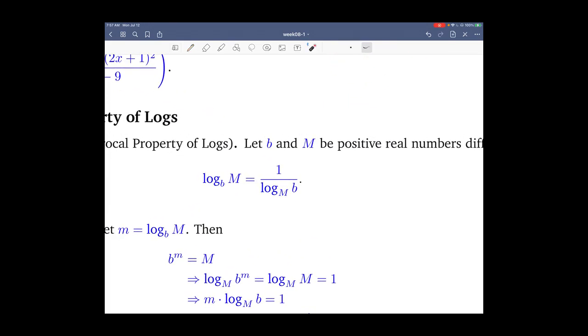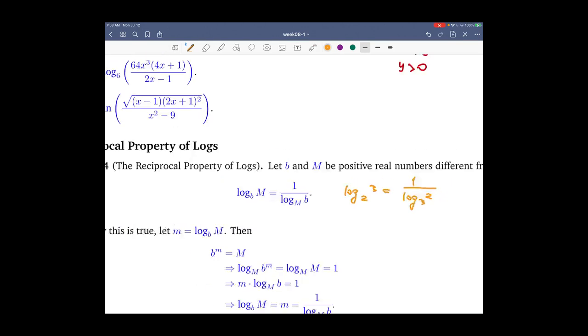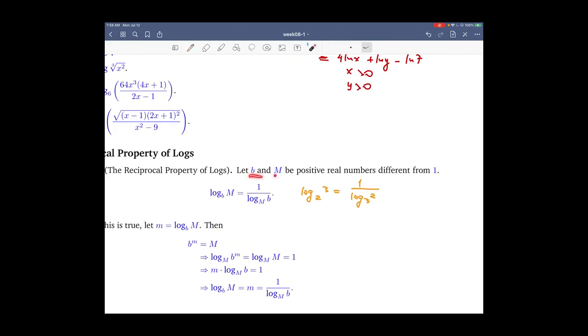It says that when you take a log of capital M base b, you may flip this and express this as log b base capital M. For example, log 3 base 2 is 1 over log 2 base 3. This, of course, requires that both b and m be positive and not 1.